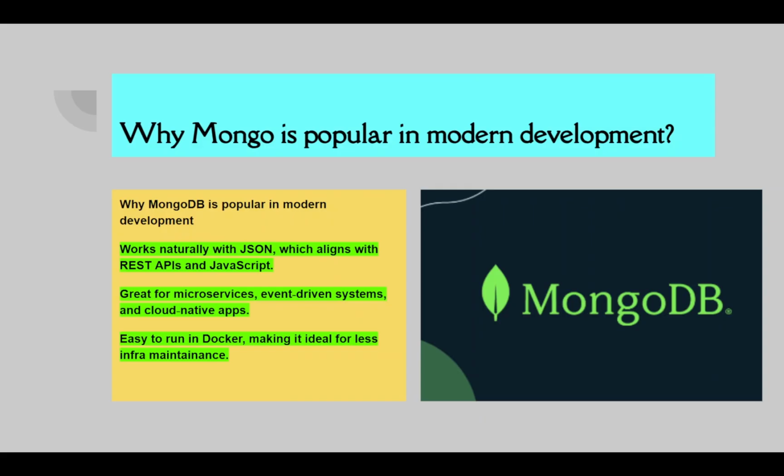That reduces managing Service Bus topics or Kafka topics, and it's easy to run, making it ideal for less infra maintenance. In the next slides, I'll show how to deploy and configure Mongo in your Docker Desktop. These are the key features which make Mongo more popular in modern development.